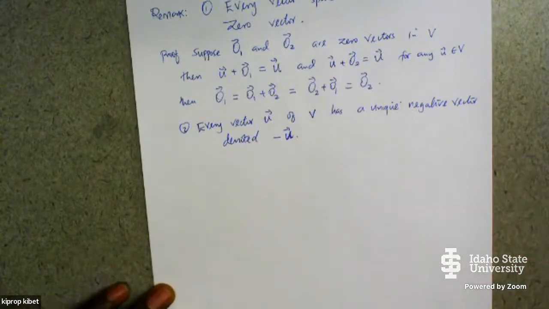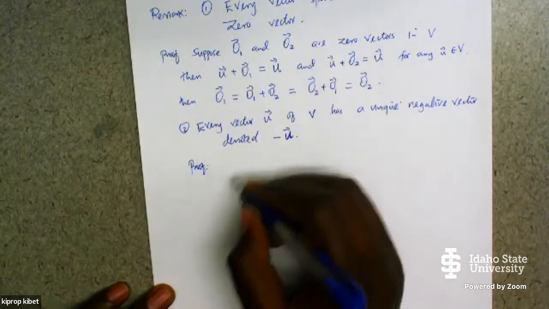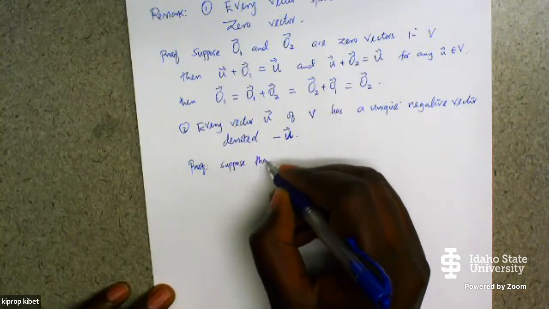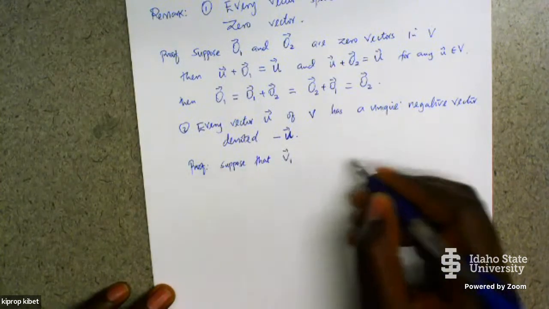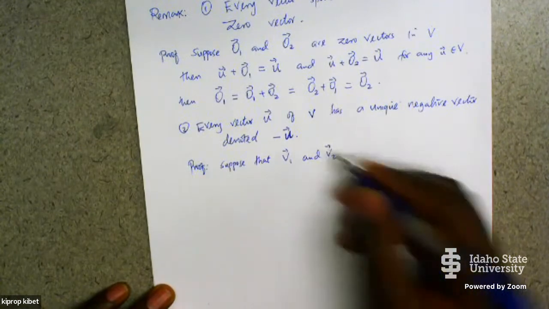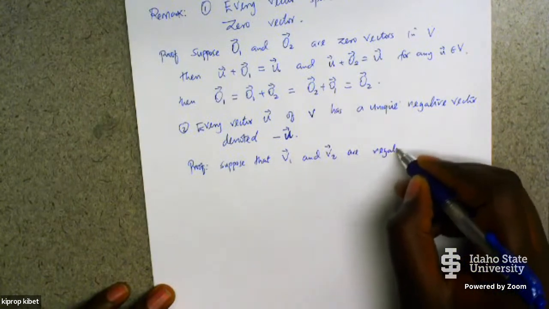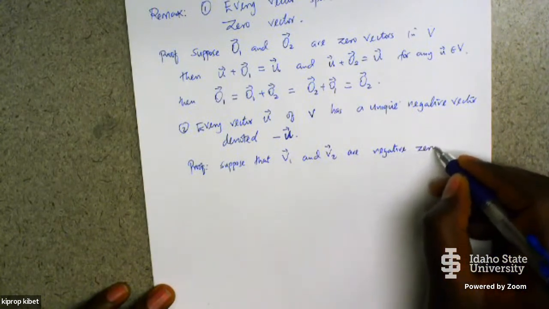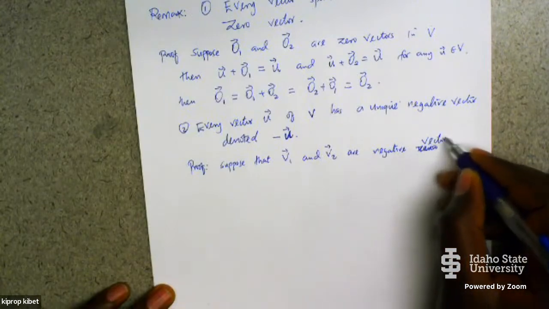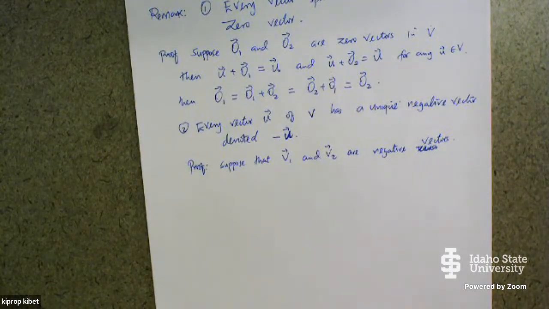To prove this, suppose that v1, which is a vector, and v2, which is also a vector, are negative vectors of u.